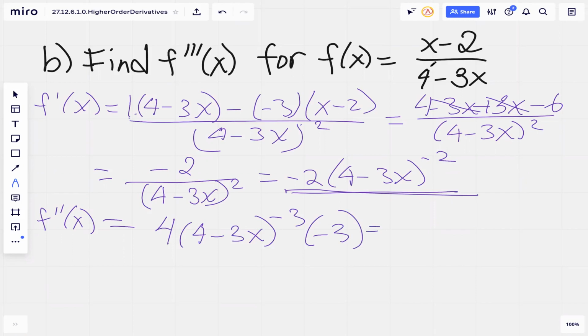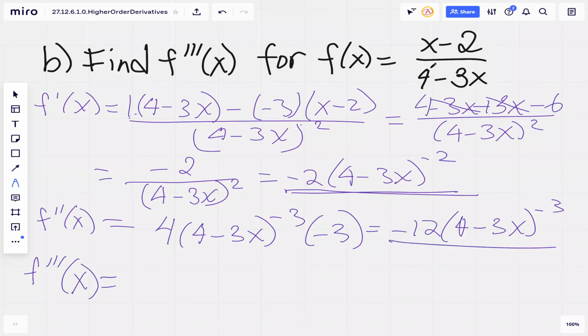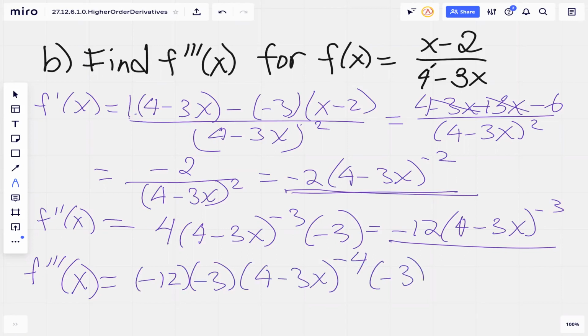We can simplify that, and we end up with negative 12 times 4 minus 3x raised to the power negative 3.